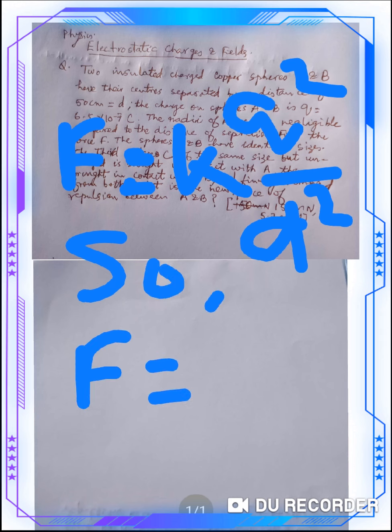Q is 6.5 into 10 to the power minus 7 coulomb, and D is equal to 50 centimeter is equal to 0.5 meter. So after putting the values, we get F is equal to 15 millinewton, or 1.5 into 10 to the power minus 2 Newton.